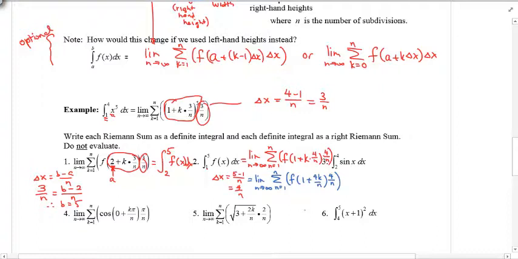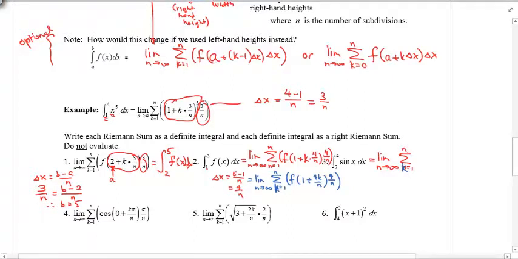Okay, let me also show you 3, because there's actually a function, and the rest I want you to do on your own. Once again, limit as n approaches infinity, the sum from k equals 1, actually it shouldn't be n equals 1, I made a mistake, my fault, k is my counter, k equals 1 all the way to n, that makes more sense.